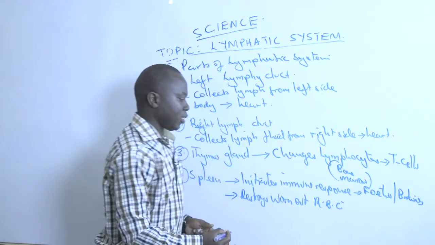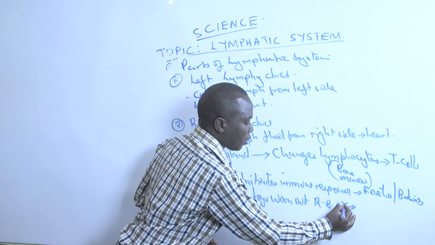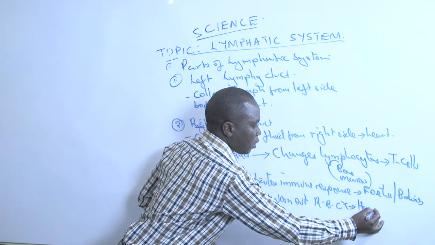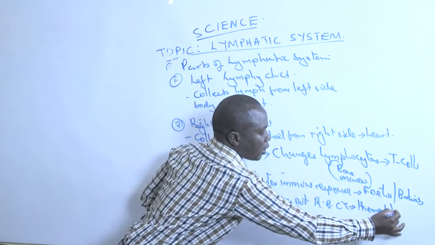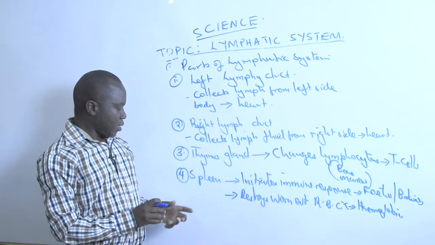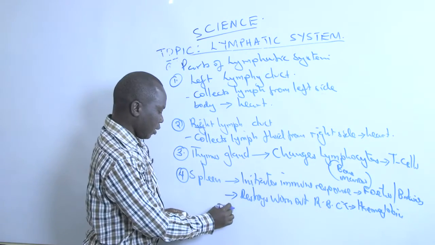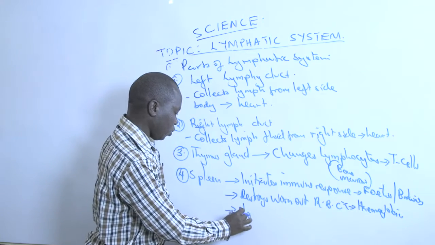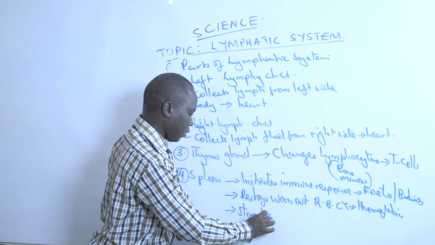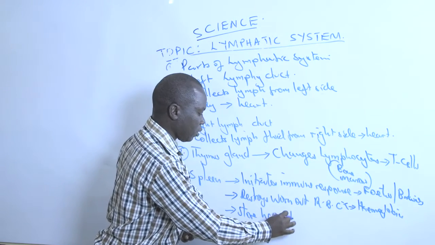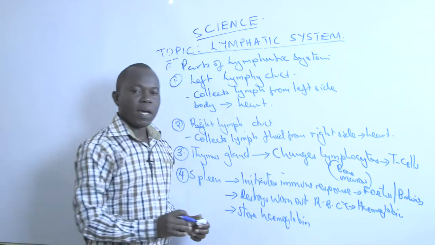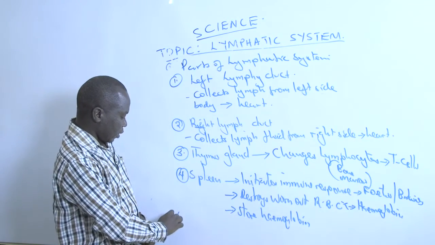Now, when red blood cells are destroyed, it releases hemoglobin. So this hemoglobin is still important. Since it is important, the spleen will come in and store the hemoglobin for formation of more red blood cells.